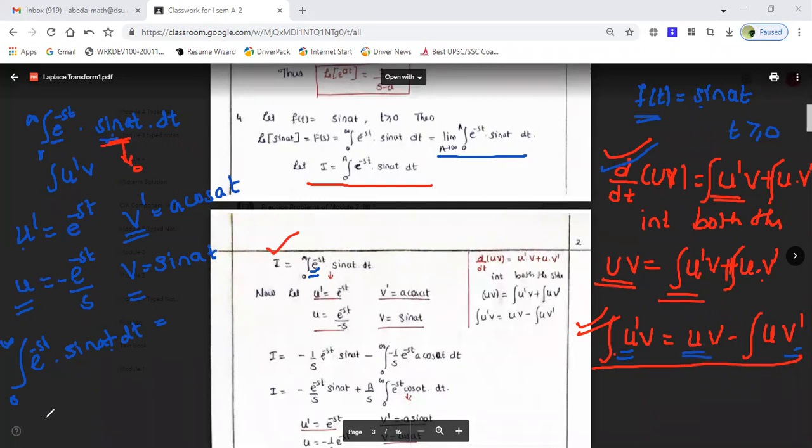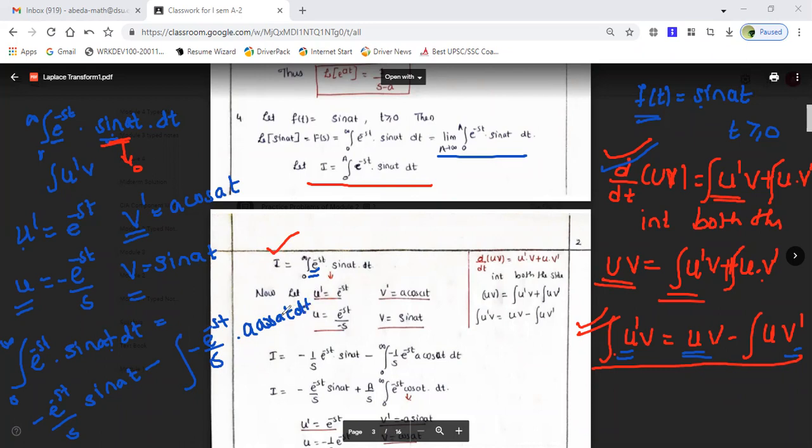This is my u, it is minus e to the power minus st upon s. v is sine at, minus integration of u into v prime. So u is minus e to the power minus st upon s into v prime, that is a into cos at. Is the step clear, guys?